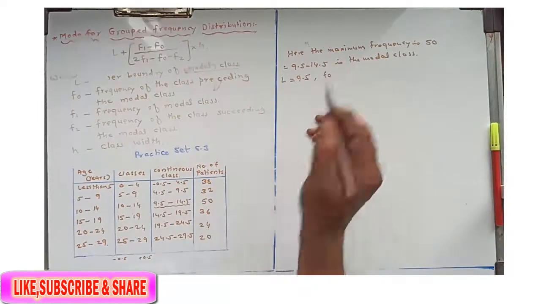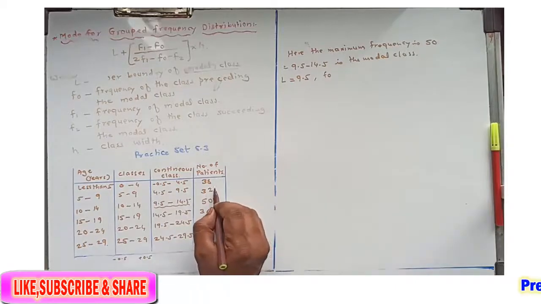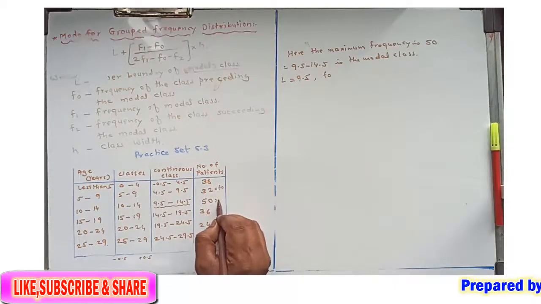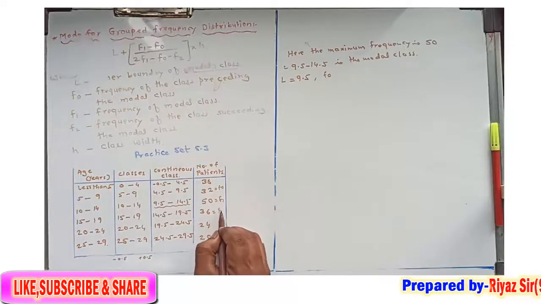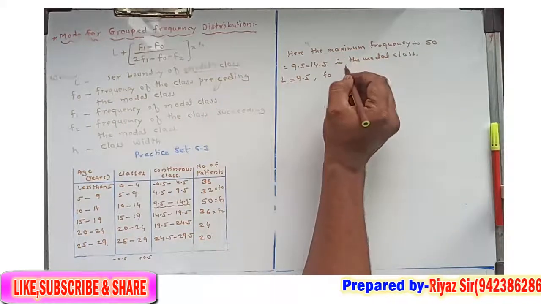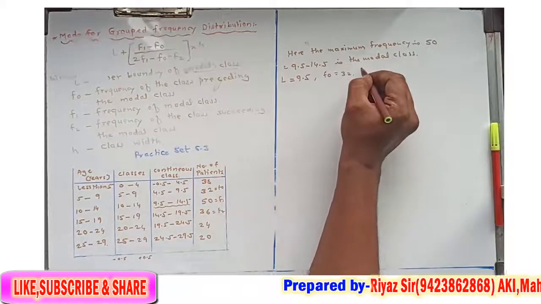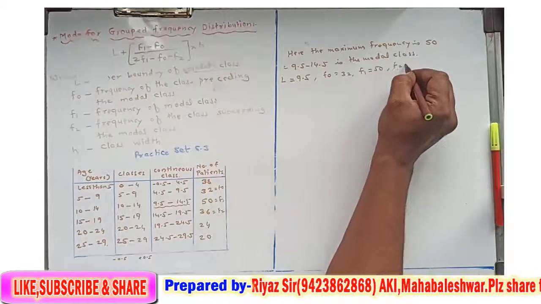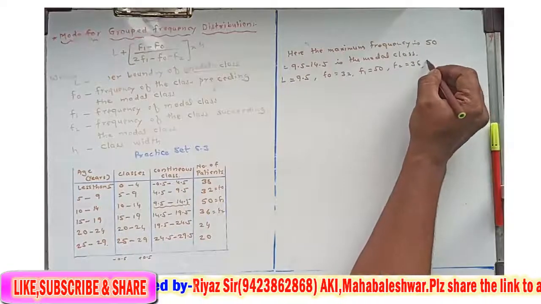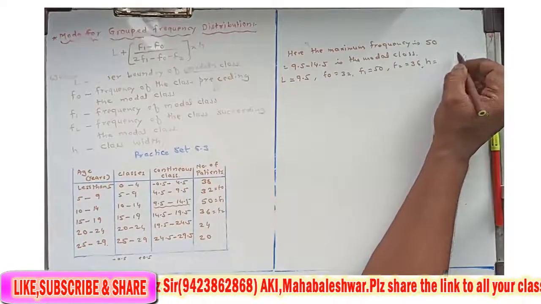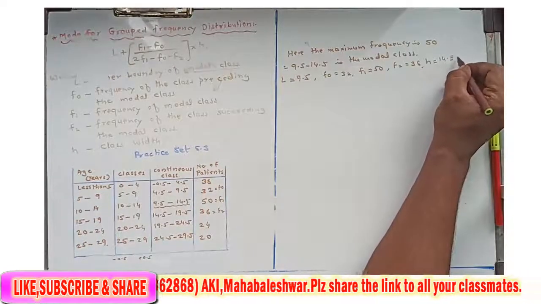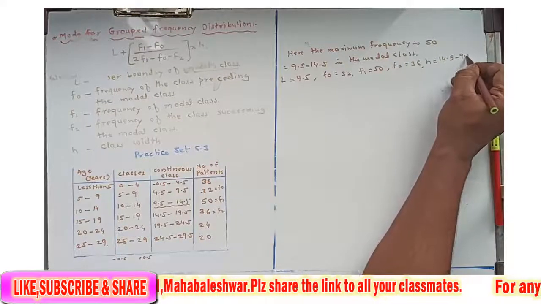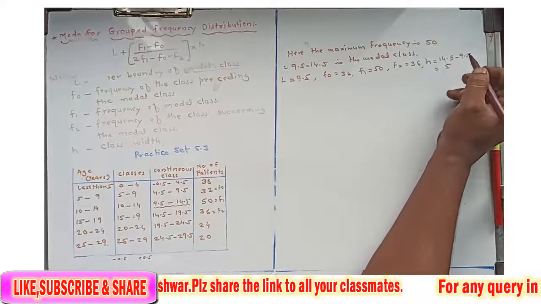Then f0, this is our f0, this is f1, and this is f2. So f0 is 32, f1 is 50, f2 is 36, and h, the class width, you'll get as 14.5 minus 9.5, which is 5.